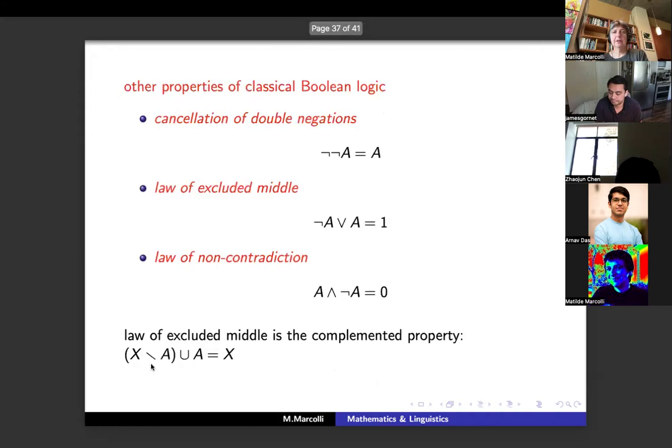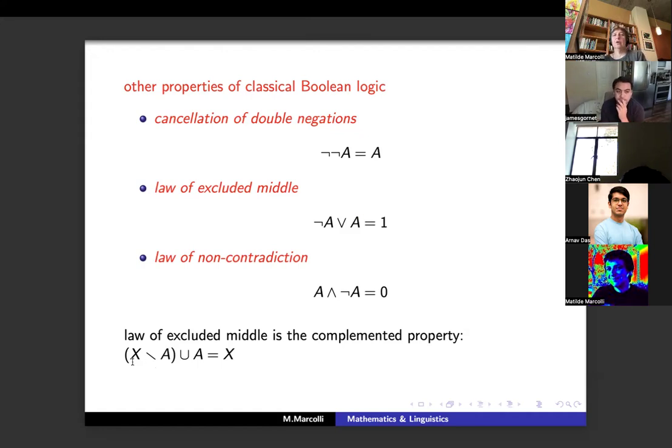Other properties of classical Boolean logic are the cancellation of the double negation and the law of the excluded middle, either A or non-A, and the law of non-contradiction: you cannot have both A and non-A.